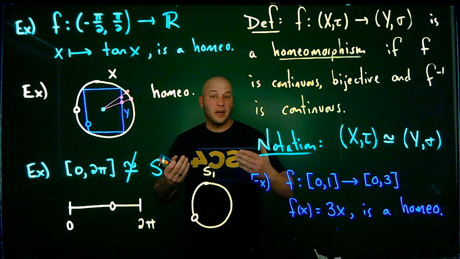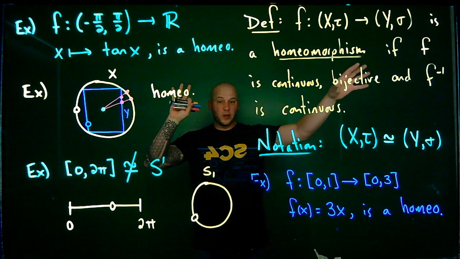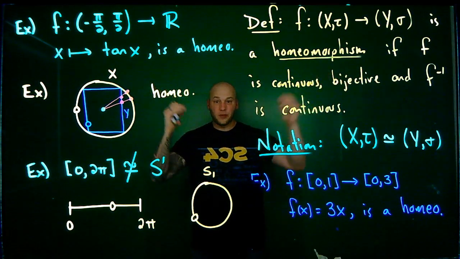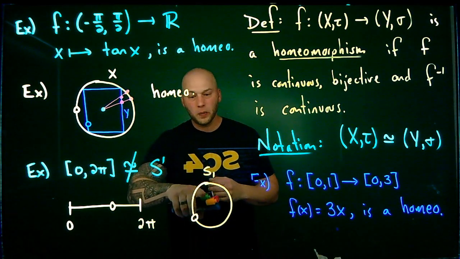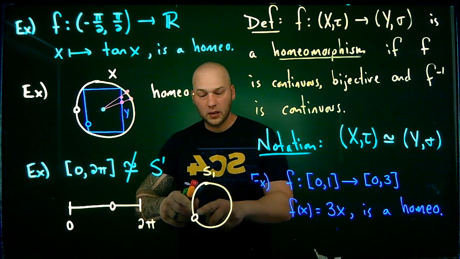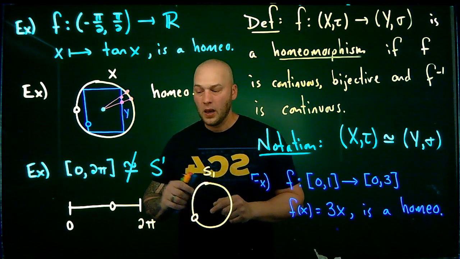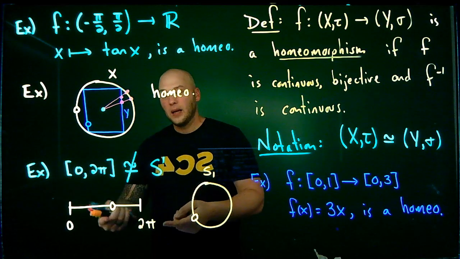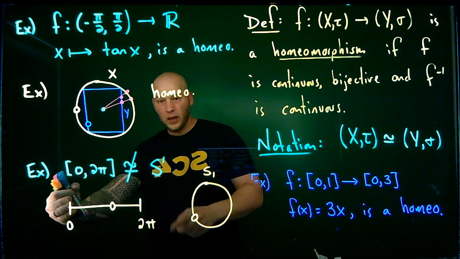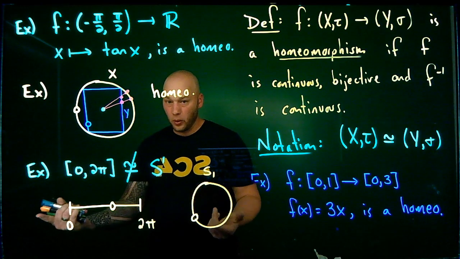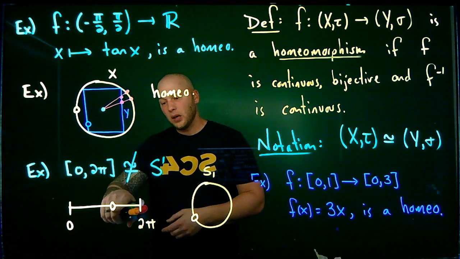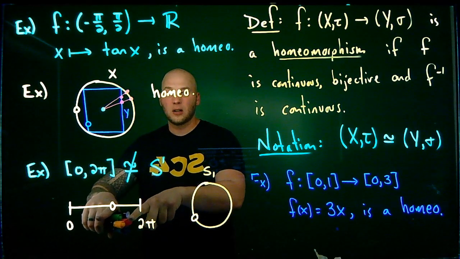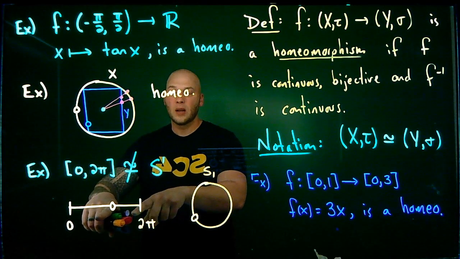Meaning, if one space is connected, and another is homeomorphic to it, both of these spaces have to be connected. Well, if I look at the circle, if I remove a point, this is still a connected space. If I take an interior point away in particular, or even an endpoint, it's still going to be connected, but it should work for any point. So if I take an interior point here, this is actually a disconnected space. There's a separation to this.